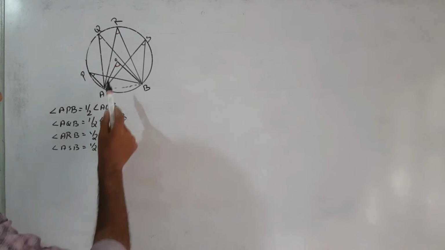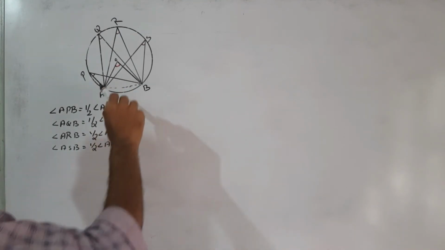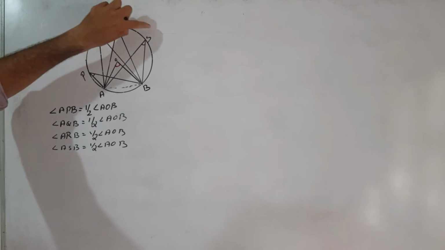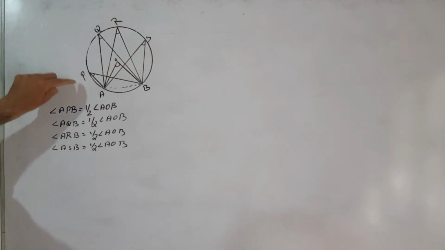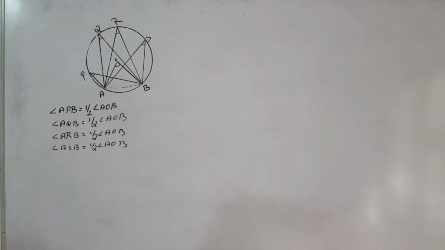Angle AOB is the central angle of the segment AB. So this is the minor segment and this portion is the major segment. All these points lie on the major segment and all are half of the central angle of the minor segment.